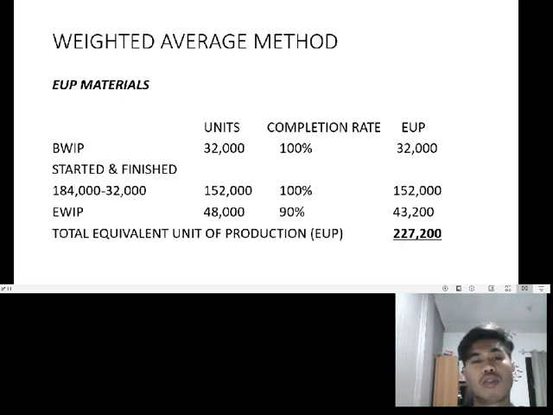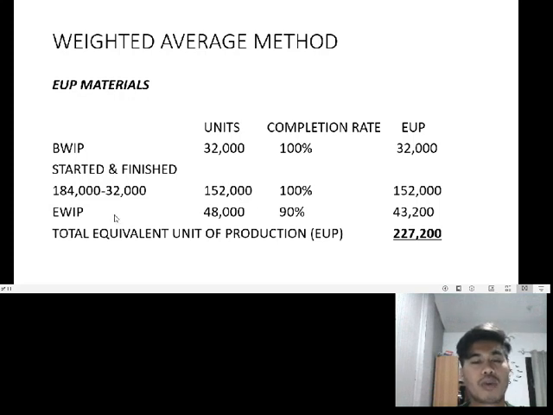For weighted average naman. So natapos na tayo doon sa FIFO method, nasa weighted average method naman tayo. So for the EUP, considered na natin na yung materials are completed on the beginning of the period. So beginning work in process 32,000, completion rate daw niya is 100%. So therefore yung EUP for beginning work in process is nasa 32,000 units. So started and finished 152,000 also.